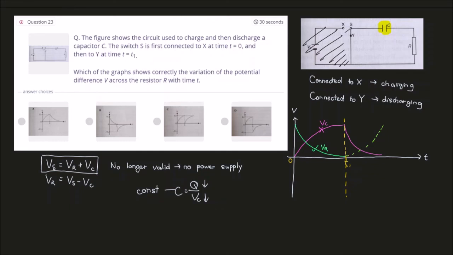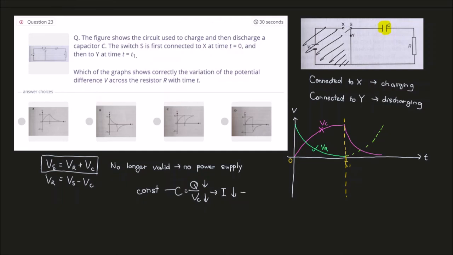We know that there's less and less charge moving out from the capacitor. If there's less and less charge moving out from the capacitor, you can think that the current decreases as well.